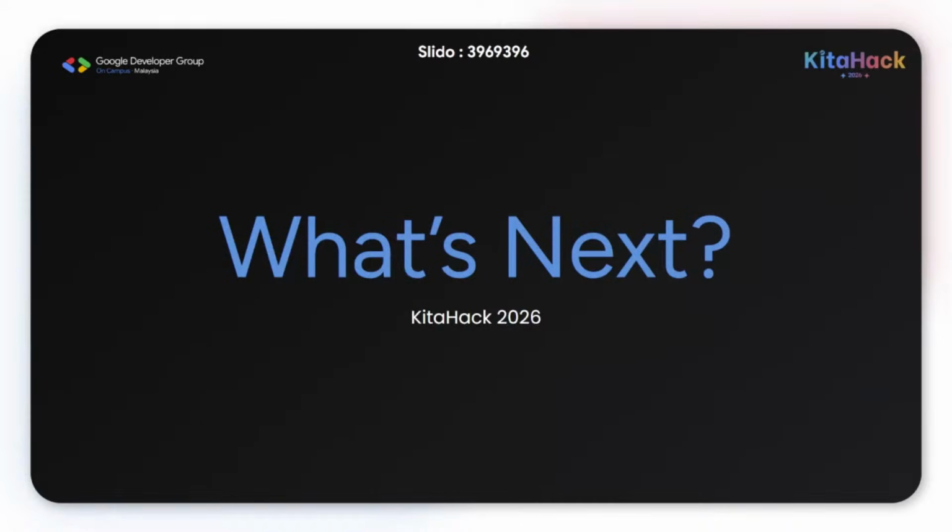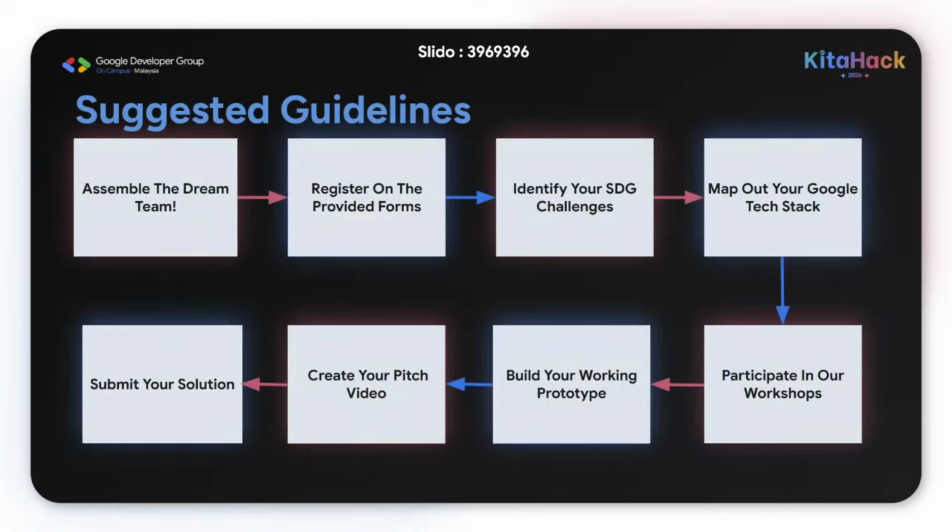So what's next? For the newbies, or those who have just joined a hackathon for the first time, we provide suggested guidelines for all of you. First, assemble the dream team. Feel free to chit chat around in the Discord server, get to know more friends, and register on the provided Google Forms.